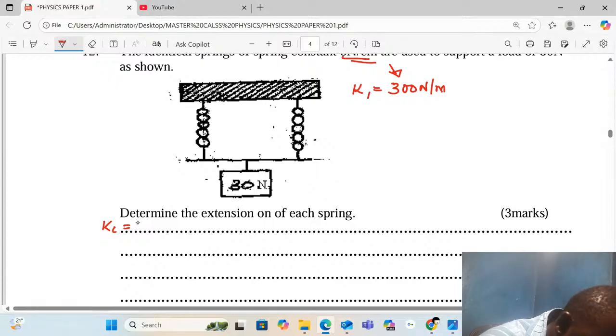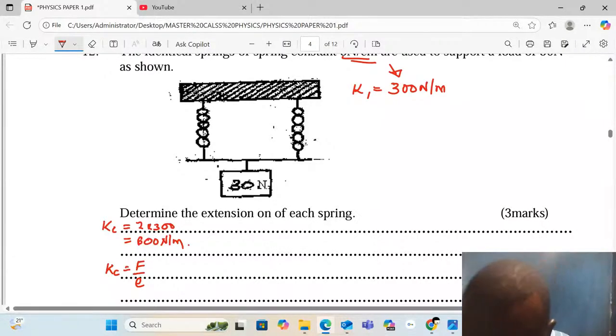Therefore, for our case, it will be 2 times 300, and this will give us 600 Newton per meter. My next step will be the formula, which is the force applied over the extension E.